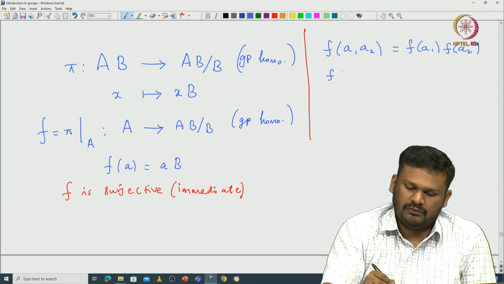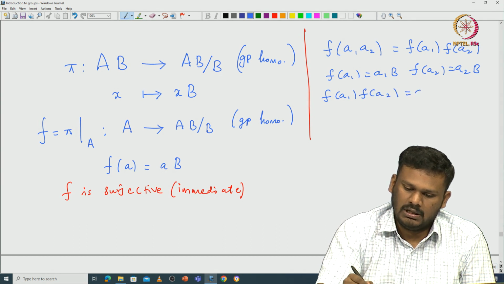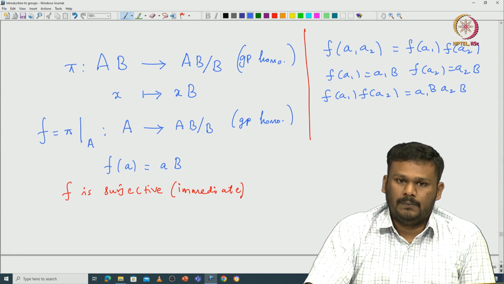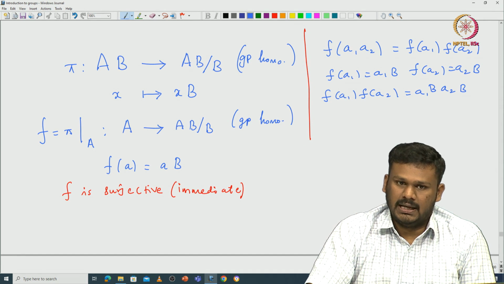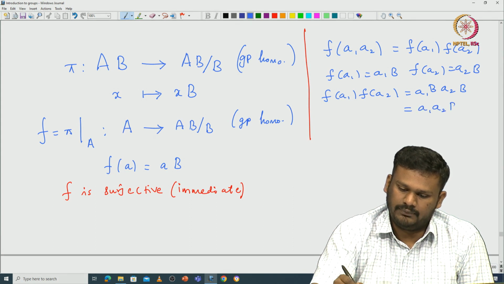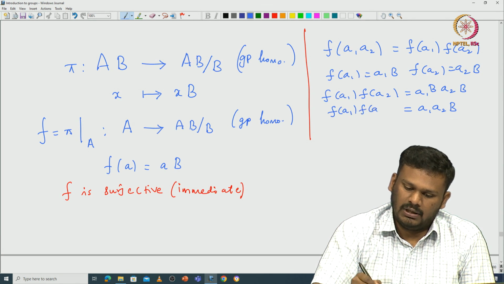F of A1 is A1 B. F of A2 is A2 B. So, F of A1 times F of A2 is A1 B times A2 B. But note that B is normal in AB, so this is exactly the same as A1 A2 B.